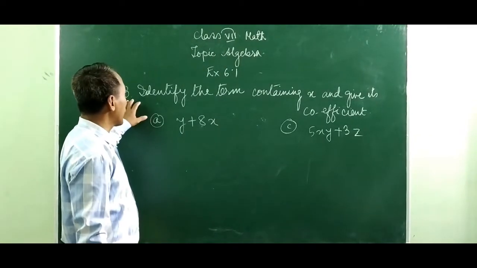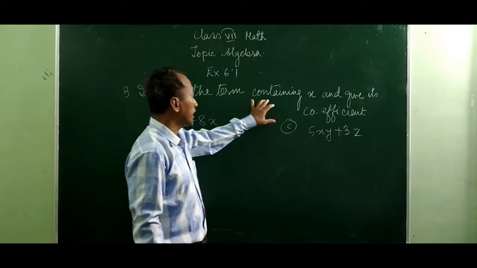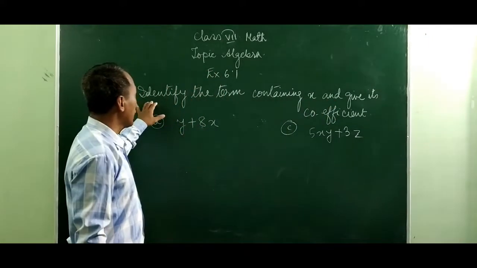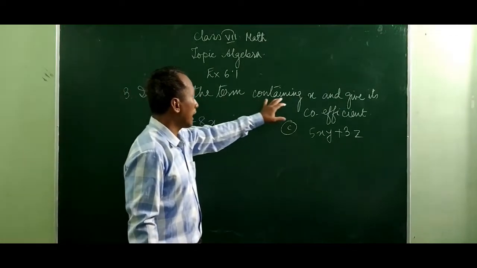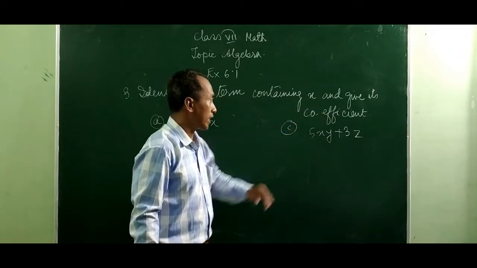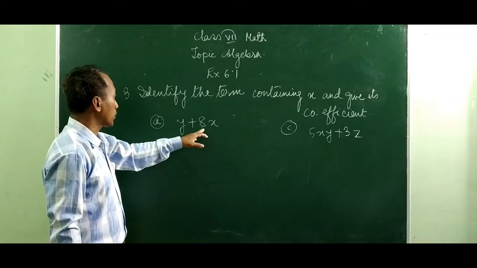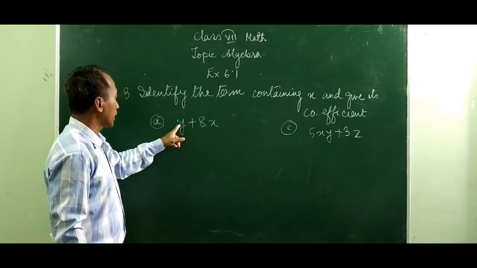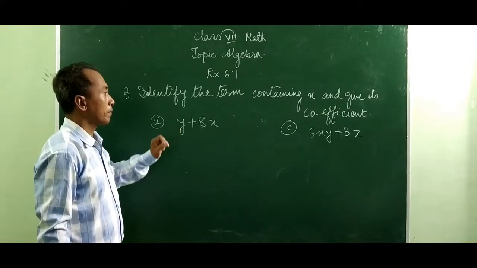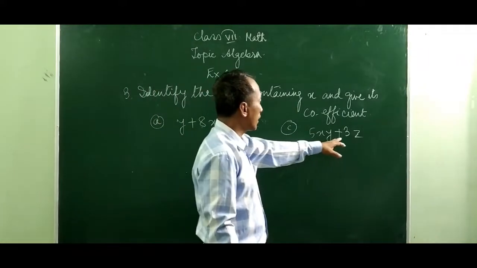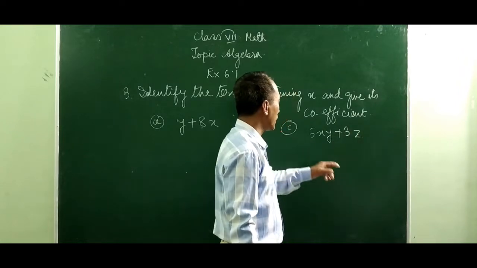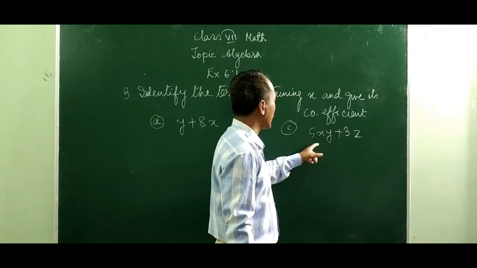Your third question is identify the term containing x and give its coefficient. Now in this term, you see which one has x here? This y does not have any x. And in this question, you see here, this term does not have any x. So you omit this one, and this term has x.